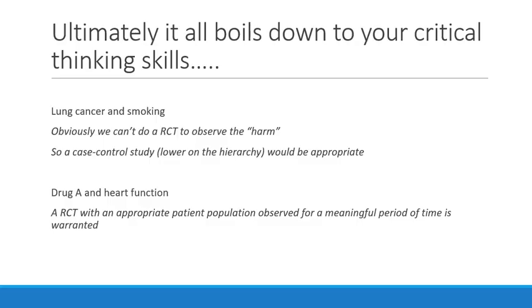We wouldn't do a randomized control trial to observe harm, so a case control study, which is lower on the hierarchy, would be appropriate. A new drug and its impact upon heart function, that would be different. A randomized controlled trial with an appropriate patient population observed for a meaningful period of time would be warranted.